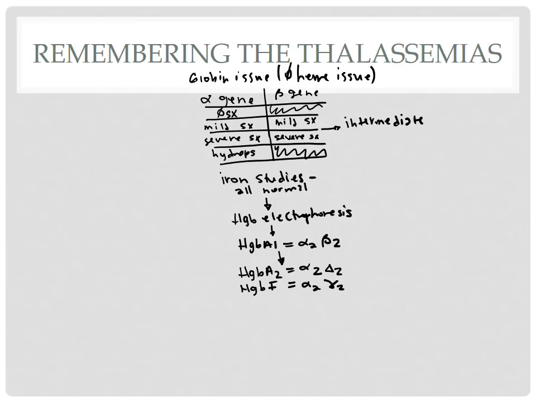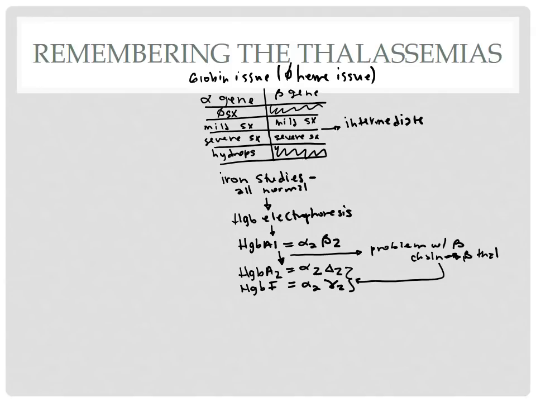So if you have a problem with the beta chains, meaning beta thalassemia, then these are going to be what you see on your electrophoresis.